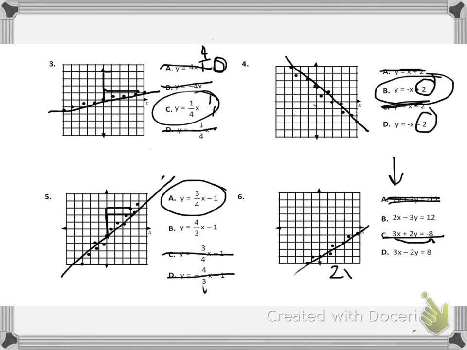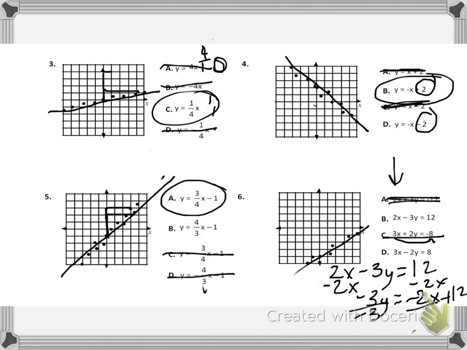So 2x minus 3y equals 12, minus 2x, minus 2x. Now this still gives me a negative 2x here. However, I'm going to divide by a negative 3.